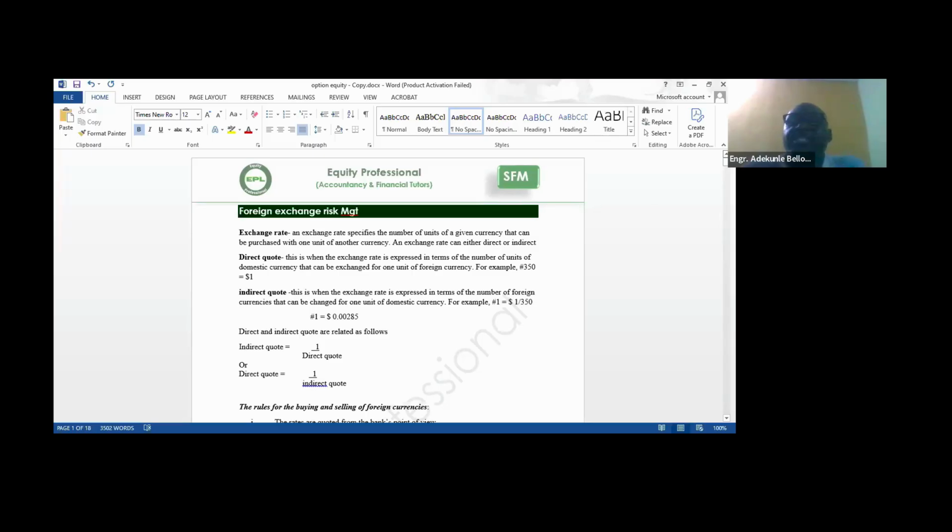What is the foreign currency market? A foreign currency market is a market where investors or market participants can buy or sell foreign currency.